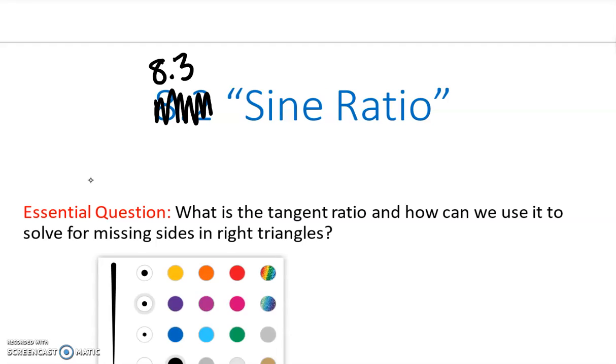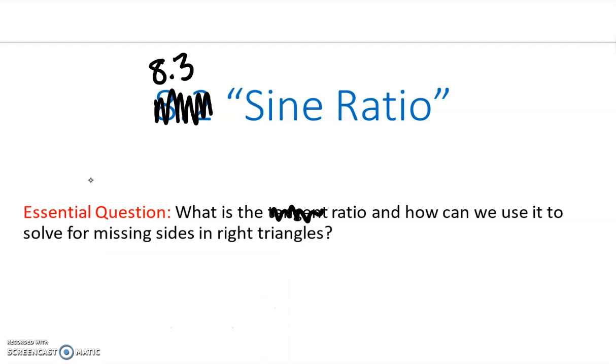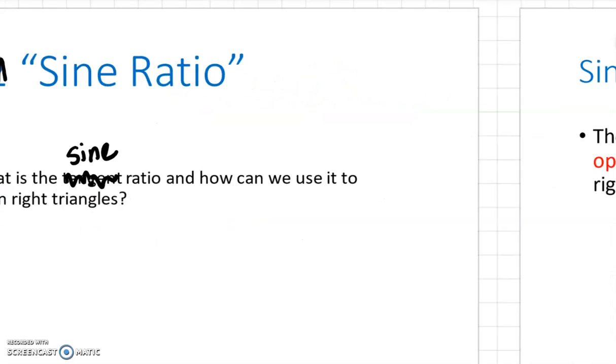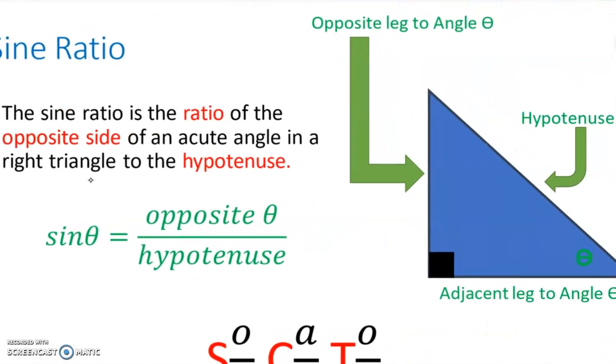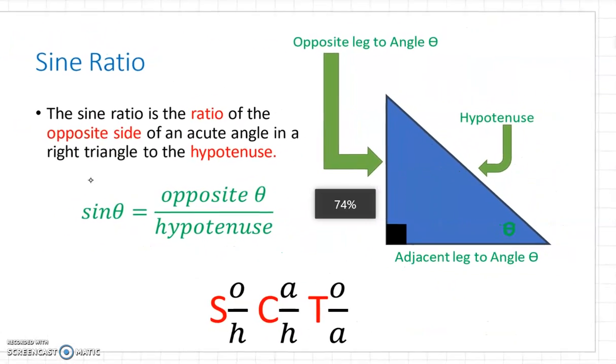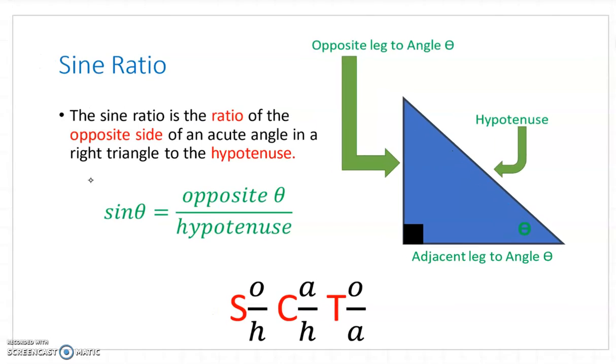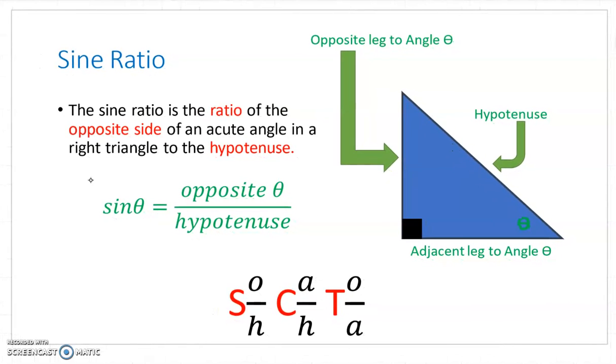So our essential question should be, we need to change that to sine ratio, and how can we use it to solve for missing sides in right triangles? So again, everything you see here needs to go in your notes. The sine ratio is the ratio of the opposite side of an acute angle in a right triangle to the hypotenuse of that right triangle.